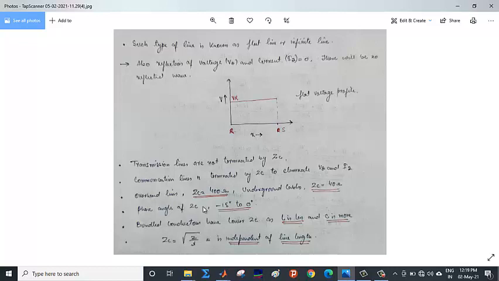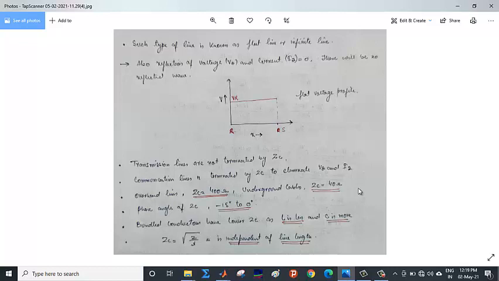And the phase angle of the ZC, that's the characteristic impedance, is from -15 to 0 degrees. I have told you earlier how this can be calculated. Bundle conductors have lower ZC, as L is less and C is more in case of bundle conductors, because bundle conductors are usually used to increase the GMR.